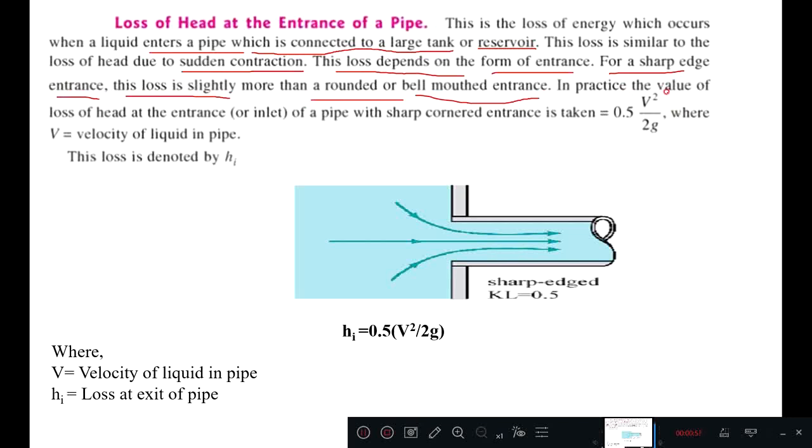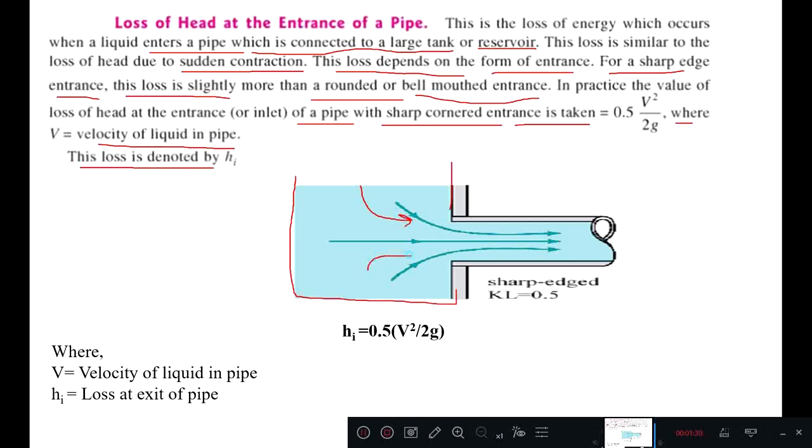So in practice, the value of loss of head at the entrance or inlet of the pipe with a sharp cornered entrance is taken as 0.5 v square by 2g, where v is the velocity of the liquid in the pipe, and this loss is denoted by hi, that is loss at the inlet. So let us look here. This is the tank. The water is entering from the tank into the pipe like this.